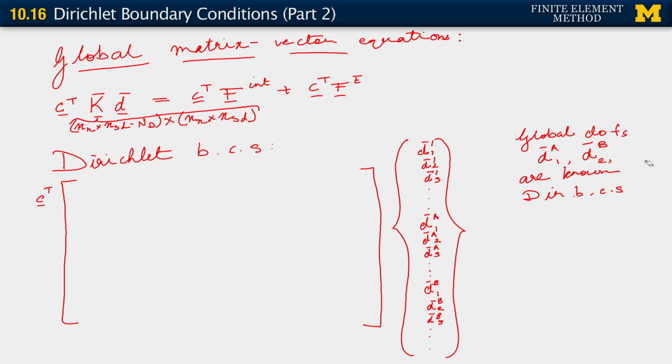So D bar A1 and D bar B2 are two known Dirichlet boundary conditions, and there will be more, of course, in this sort of problem. So that degree of freedom is known and that degree of freedom is known.